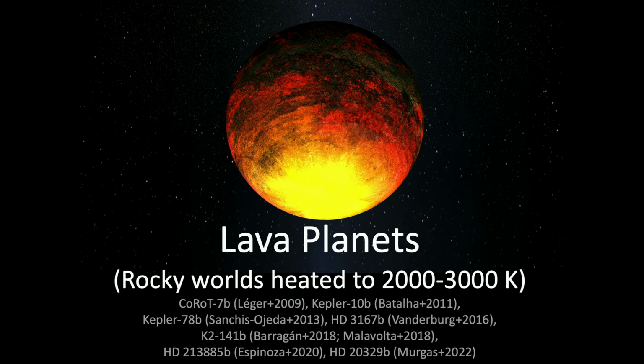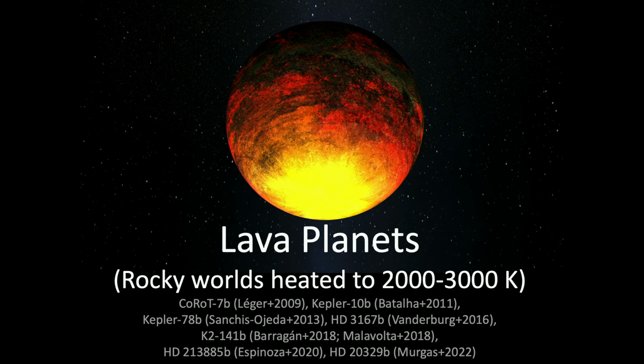So lava planets. These are very simple. It's just a rocky planet, so something made out of the same stuff as the Earth, rock, iron in the middle maybe, and you heat it up enough that you melt the rock. So to be clear, all rocky planets, including the Earth, started molten. They all start hot.